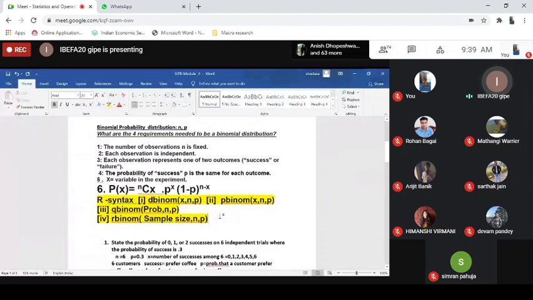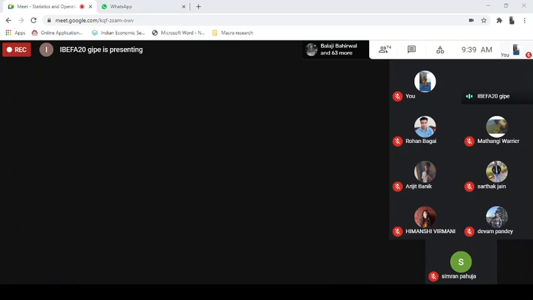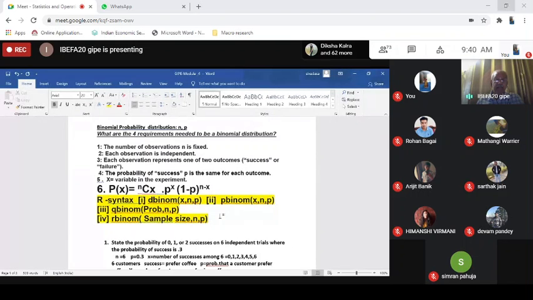dbinom, carefully see in the bracket, x comma n comma p. pbinom, x comma n comma p. qbinom, probability comma n comma p. rbinom, sample size comma n comma p.